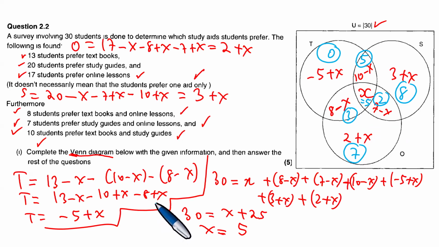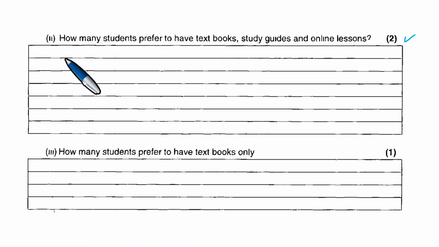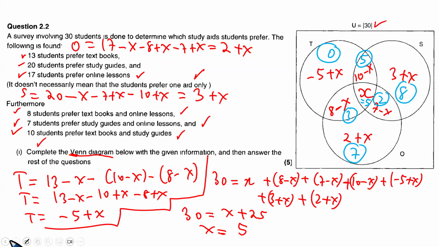So 5 students prefer all 3, because we have seen that 5 students are in the intersection of all the study aids. Okay, so we continue.